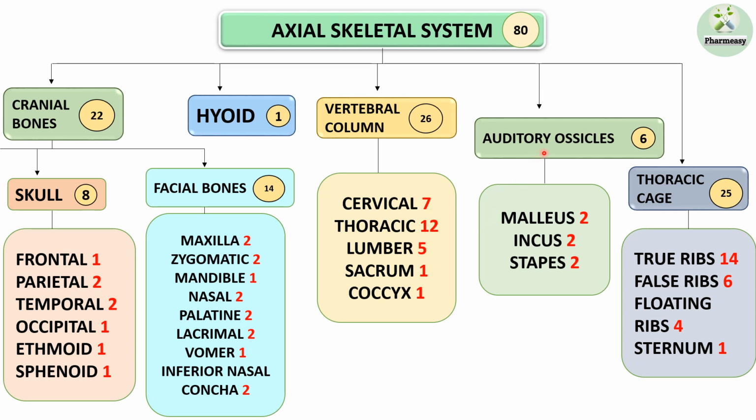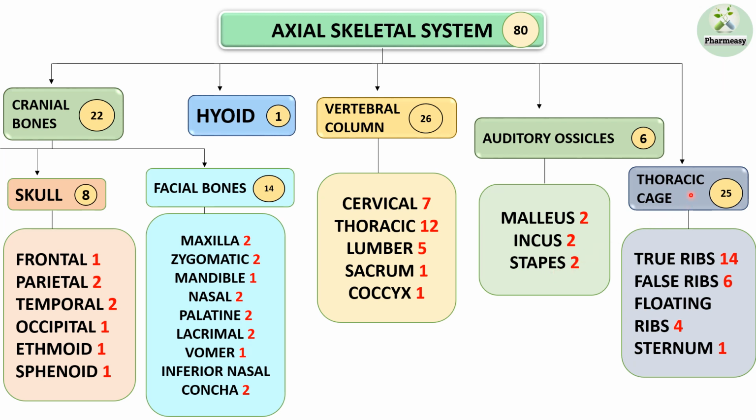Auditory ossicles or the ear bones. There are 6 bones in both left and right ears, namely malleus, incus and stapes. And stapes is the smallest bone of the human body.